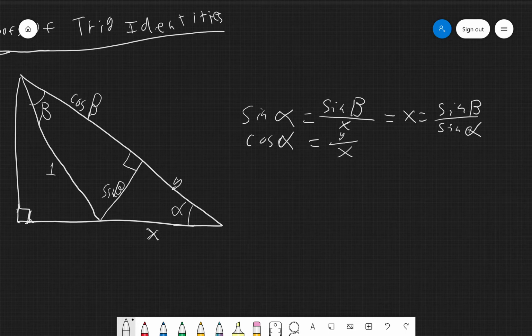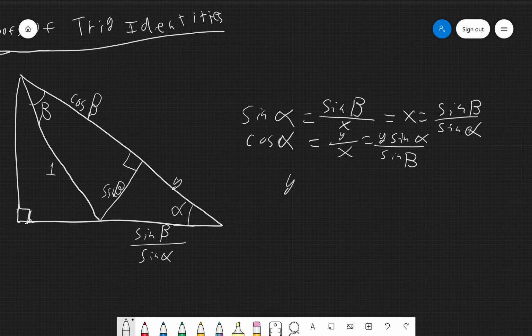So we now have an expression for x, so we don't need that variable, and we can put that here now. We know that this is sine of beta over sine of alpha. Now we can substitute it into this, and we're gonna get y times the sine of alpha over the sine of beta. Now we can multiply by sine of beta over sine of alpha on both sides, and we're gonna get an expression of sines and cosines of alpha and beta for y, which is what we're trying to solve.